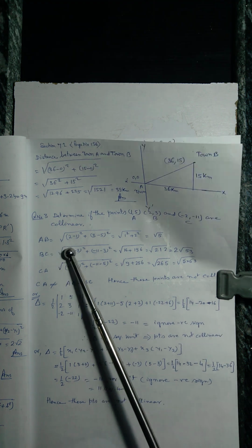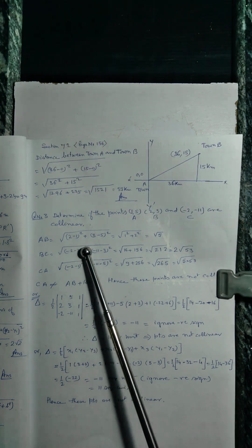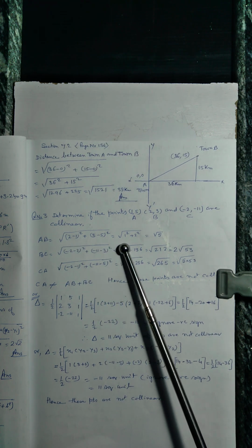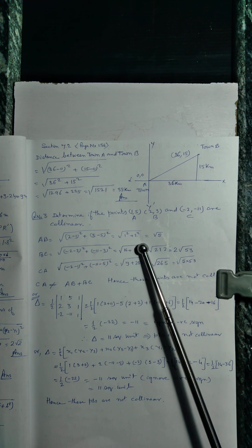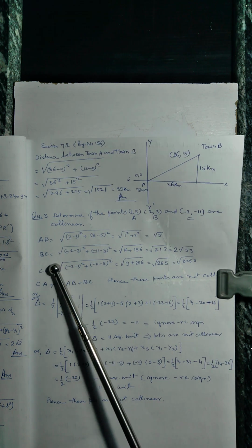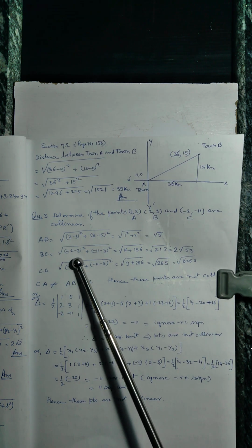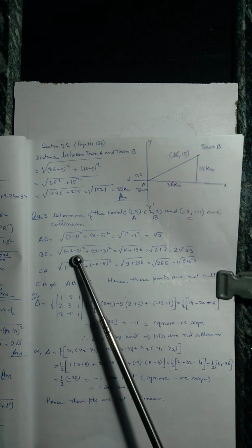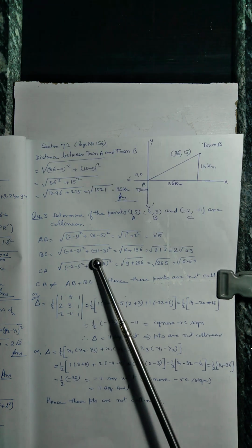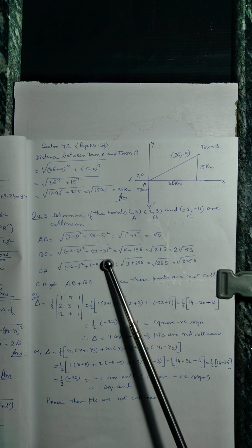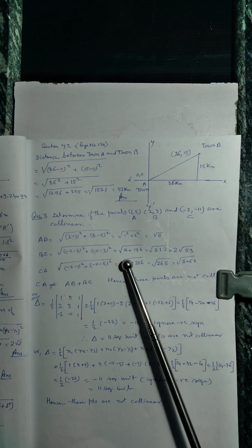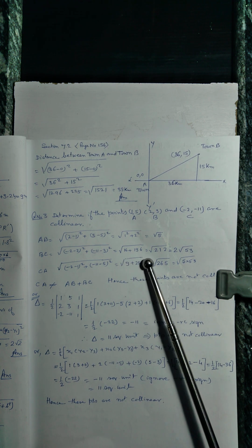Let us see. AB is equal to root of (2 minus 1) whole square plus (3 minus 5) whole square. Solve it, you will get root of 1 square plus 2 square, that will be equal to root 5. Now BC will be equal to (minus 2 minus 2) whole square plus (minus 11 minus 3) whole square, that will be equal to root of 16 plus 196.